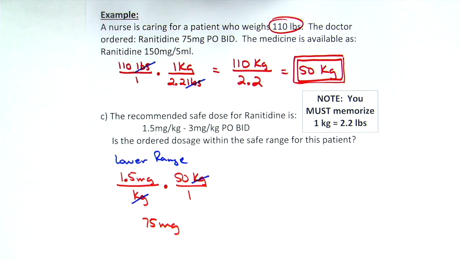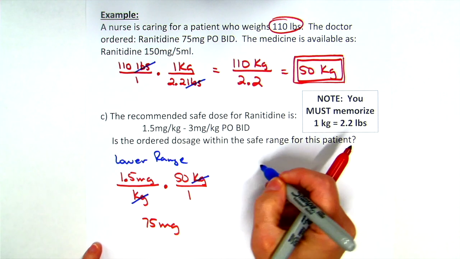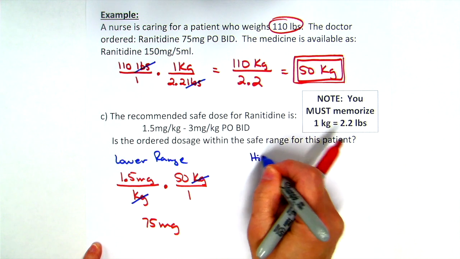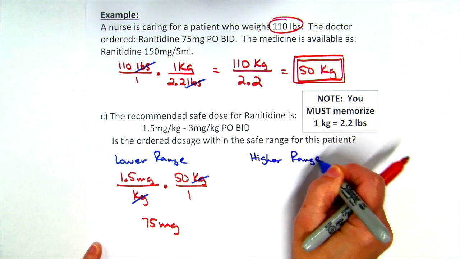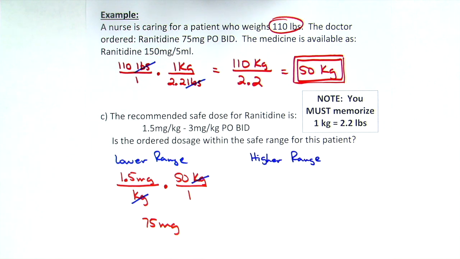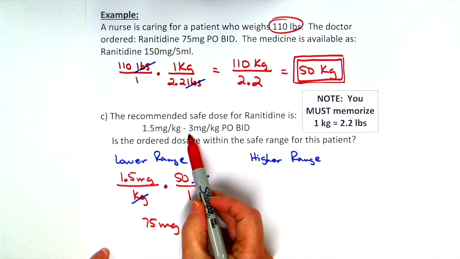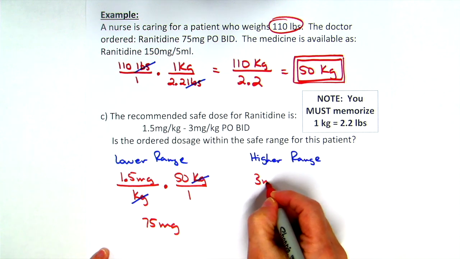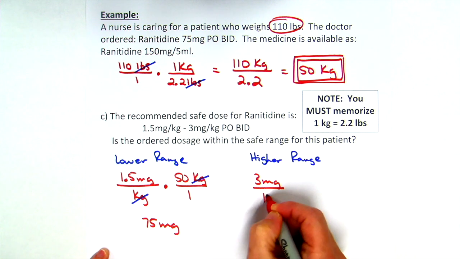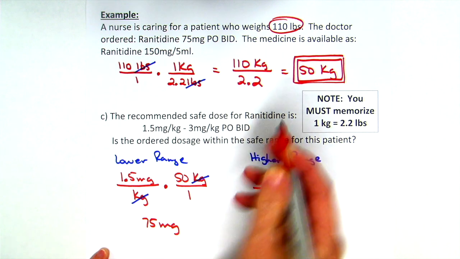Now I'm going to go ahead and do the higher end of my range. Just to be safe, to make sure this is going to fall in here, I'm going to take my 3 milligrams per kilogram. Again, I want to consider the patient's weight.